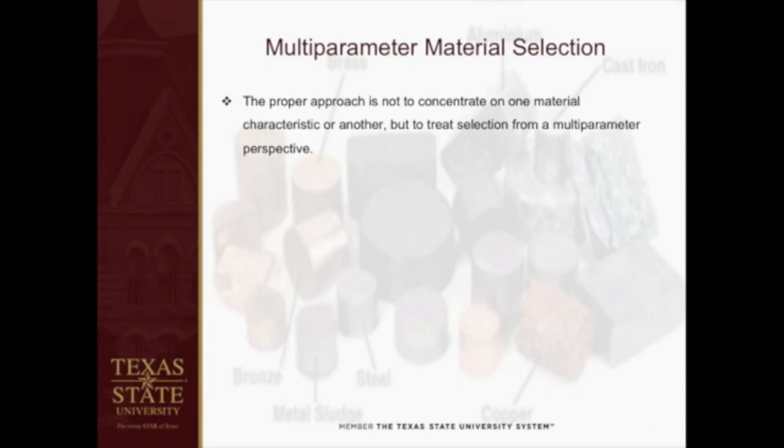The next thing is some recommendation on how you select material, right? Oftentimes when you look at a design, we are fixated on one or two properties and exclusively focus on it. That's not the best way to go. For most design situations, you will have multiple properties. It's not just, say, the thermal conductivity or the mechanical strength.